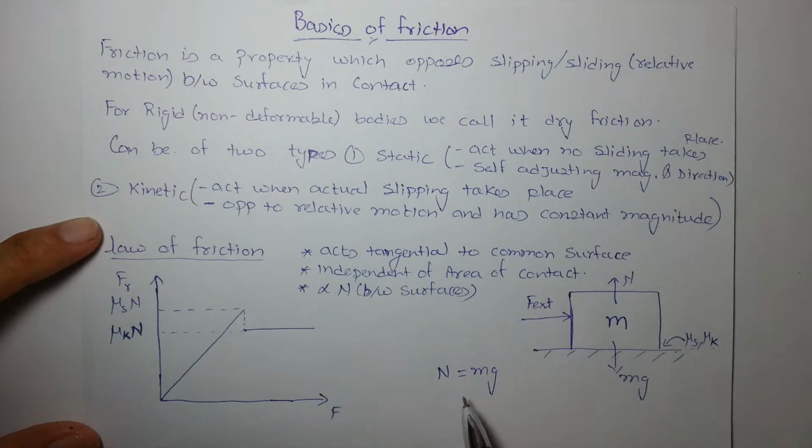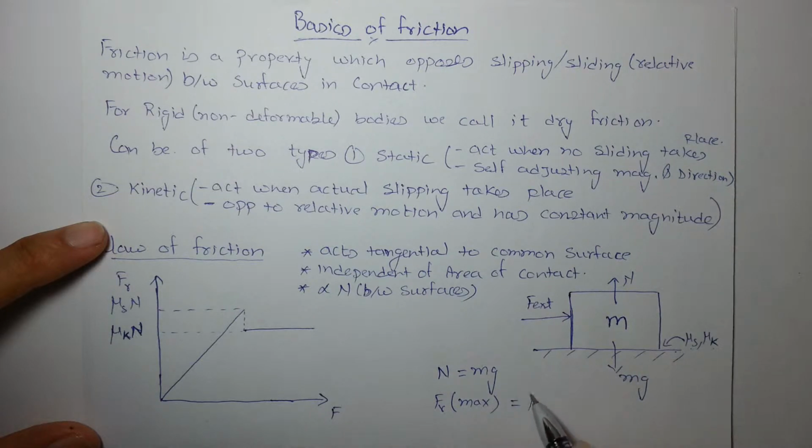So the maximum possible friction, which is also called limiting friction, will be mu s N, which in this case is mu s mg.